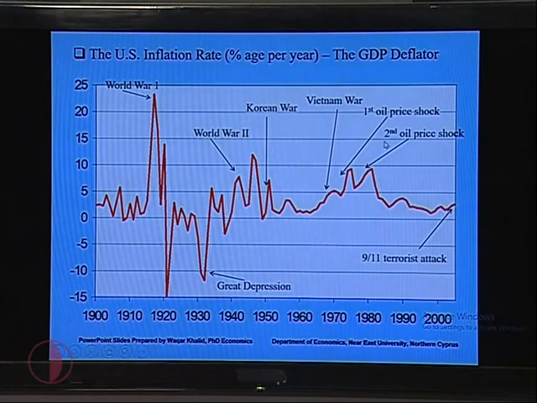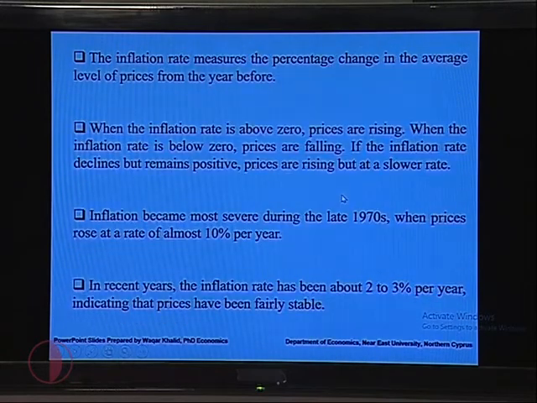During the first and second oil price shocks, the inflation rate was higher, approximately 10%. So, during the late 1970s, prices rose at a rate of almost 10% per annum.